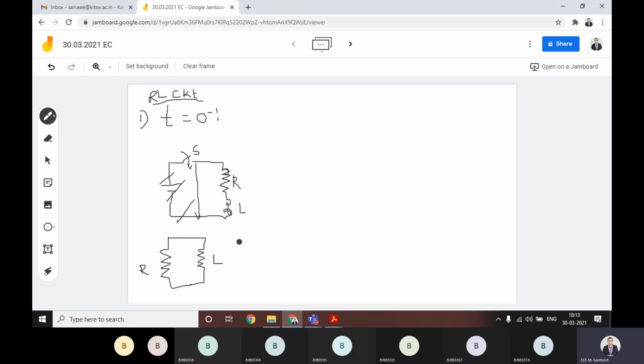Okay. Then to solve this, whenever you have this kind of circuit at steady state, what is the value of the inductor?